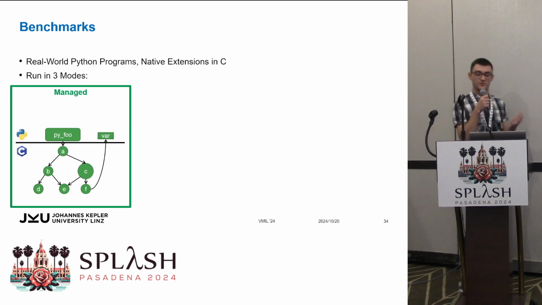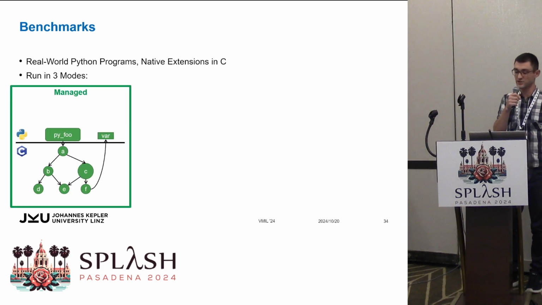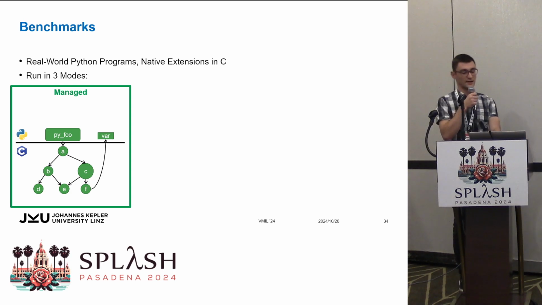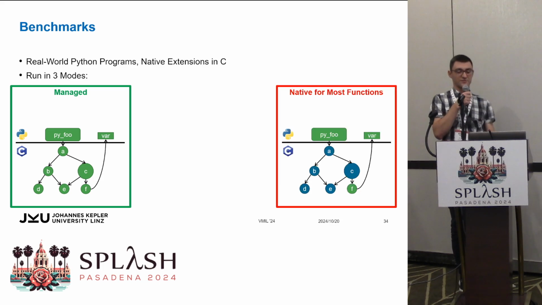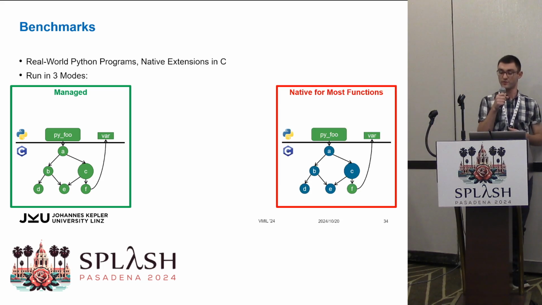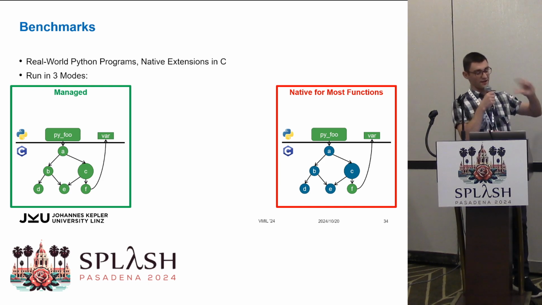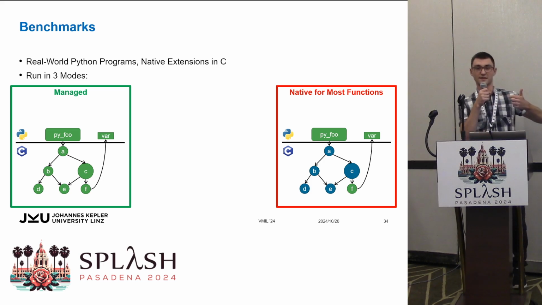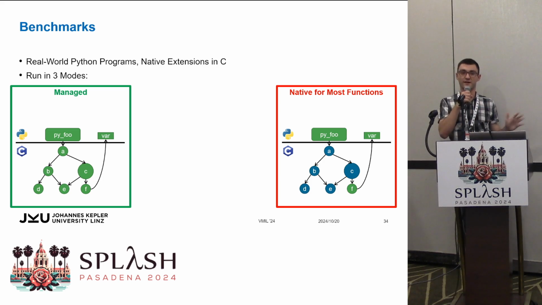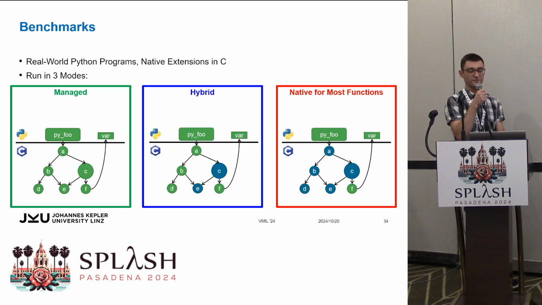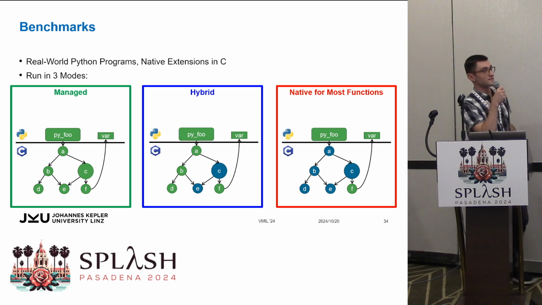The first mode to compare is fully managed execution, so every function is executed on the managed side. The other thing we tried is native execution for most functions. This means all functions that have to be managed run managed because they access managed data, but every other function is left for native execution. And then we have our hybrid mode with the proposed heuristics you saw on the last slide.